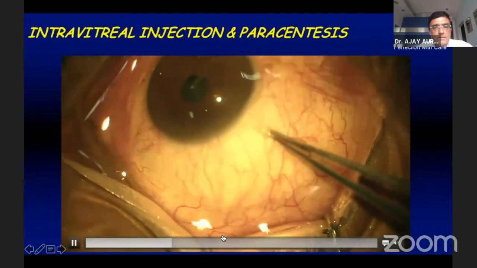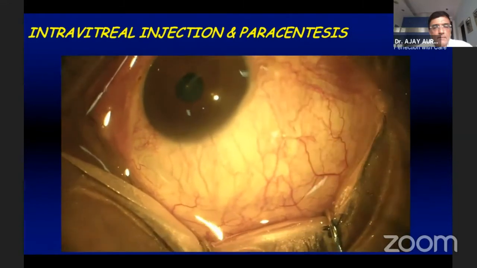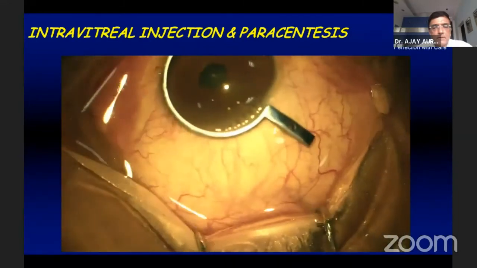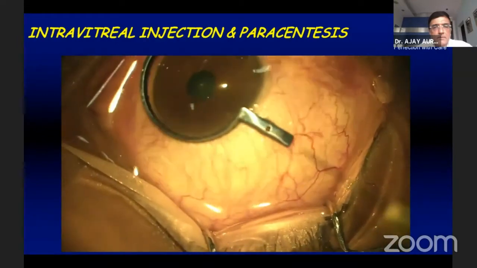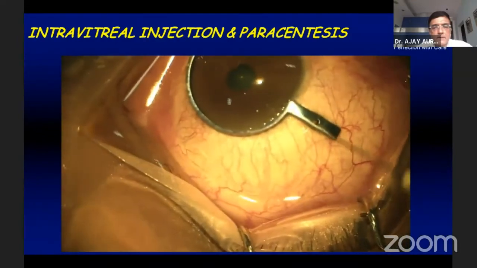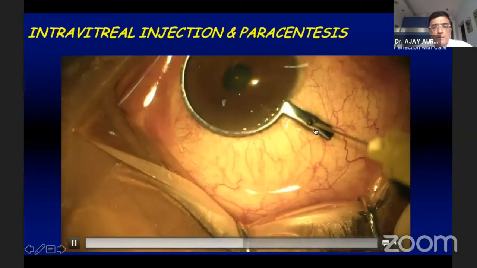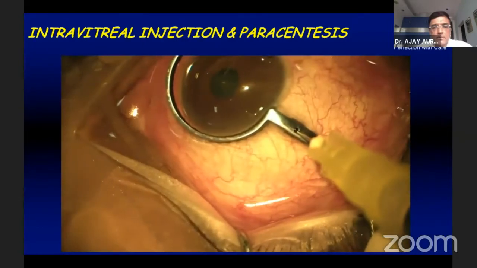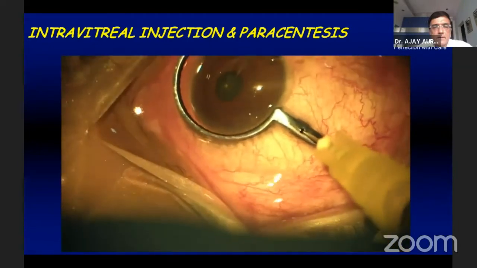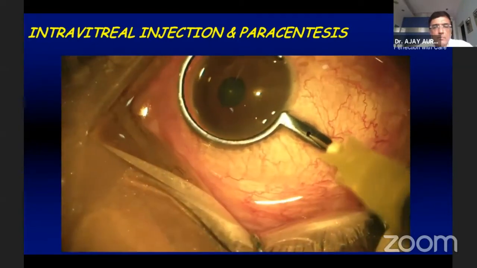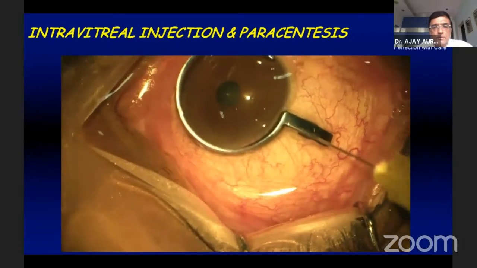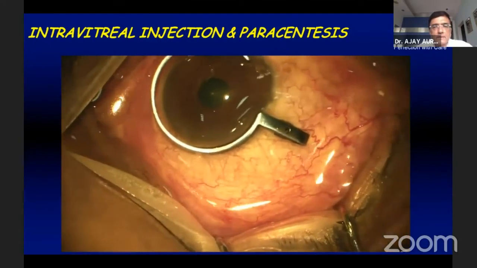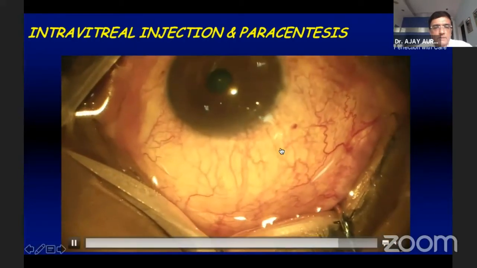If you have to hold the eye and give an intravitreal injection, you may cause scarring of the conjunctiva, but you can fix the eye with a device, and there is an opening present here, which is an oblique entry, so that you get a valvular entry port. Once you keep it for a little while, you could do a paracentesis if required, and once you remove it, it's a pristine conjunctiva.